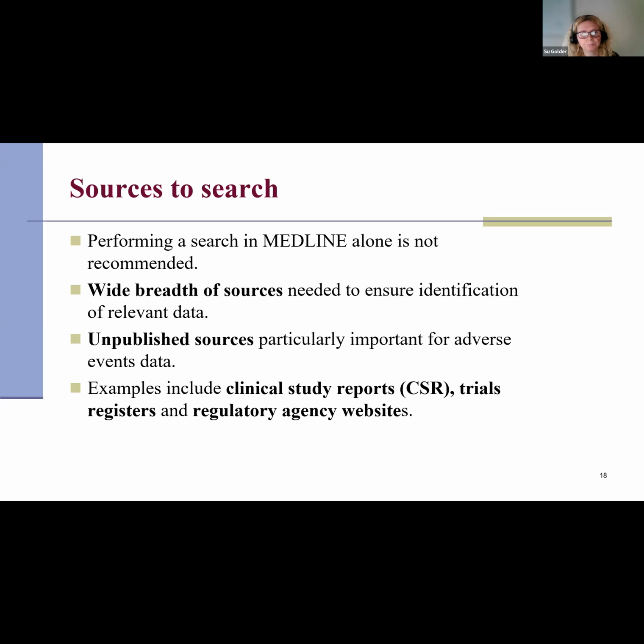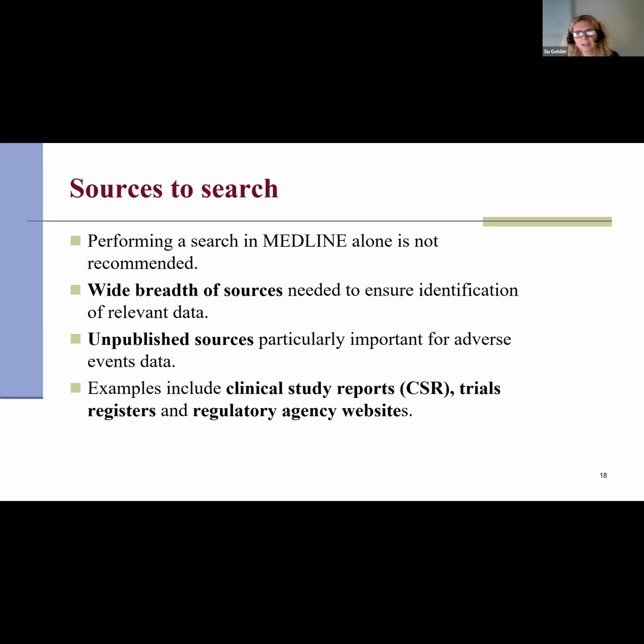So with harms data, it's sometimes good to include unpublished sources like clinical study reports. However, they can still be very difficult or slow to get hold of, and quite cumbersome to go through.